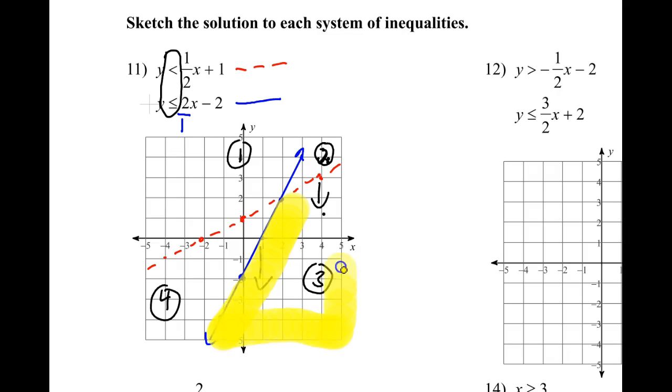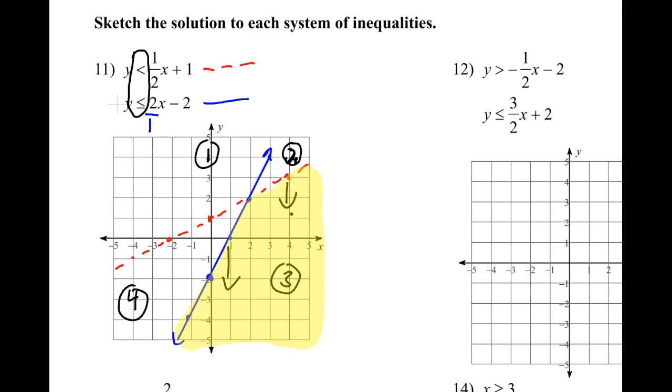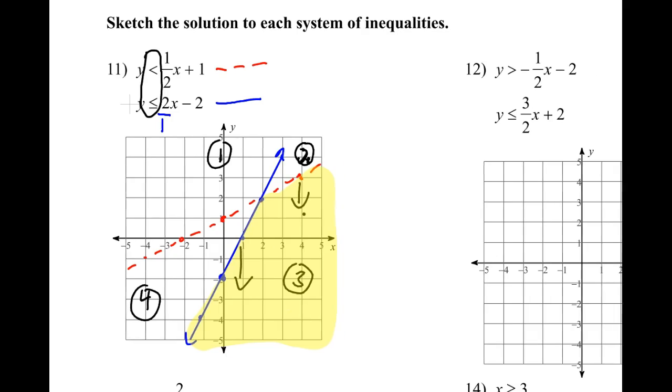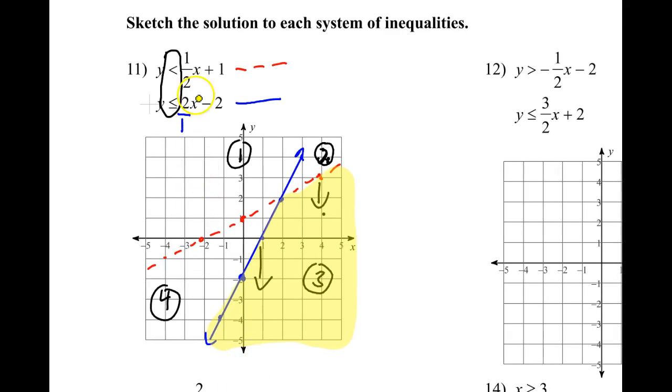Seeing which of those 4 regions actually fits the 2 inequality signs. In general, when they're both facing the same direction, it's a little bit easier. You can kind of see which one's above both, which one's below both.